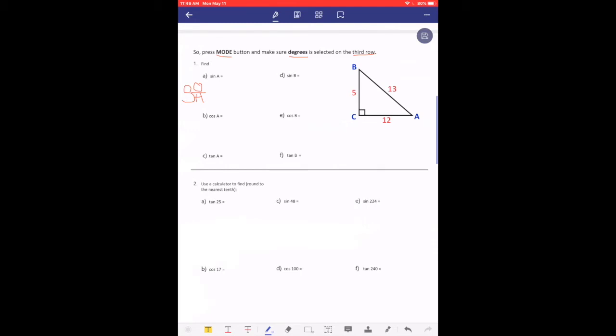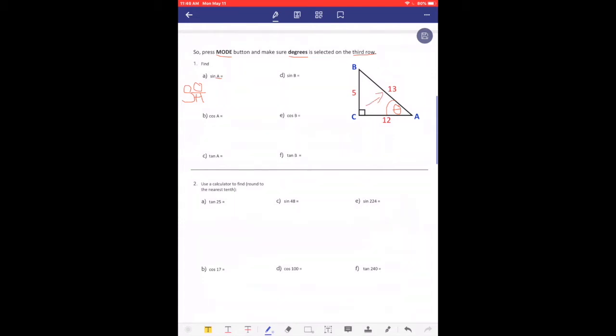Sine of A just means that I'm looking at the angle A here. If A here is my theta, that's just another way that we can call the angle. The side that is the hypotenuse I'll label first.